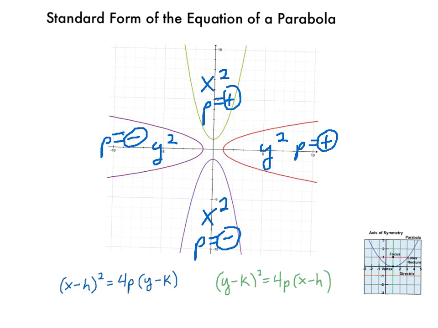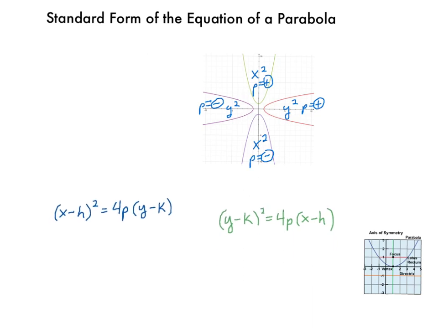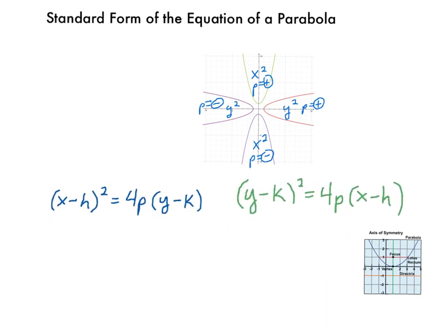The standard forms of the equations of a parabola are right here, depending on which way it's facing. If you have a y squared parabola, then obviously your y has to be the squared value. Recall the (h, k) is your vertex.